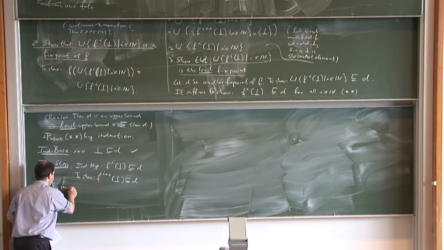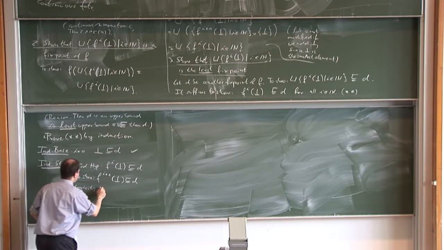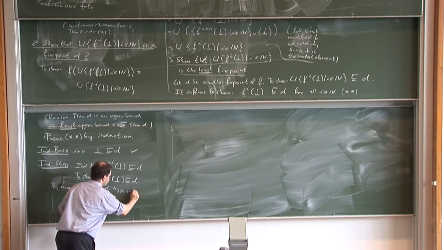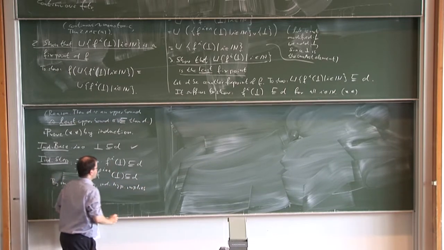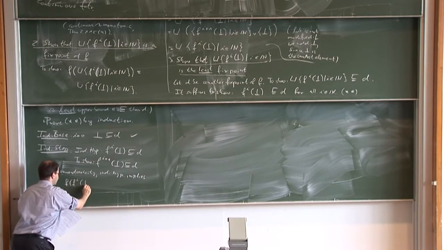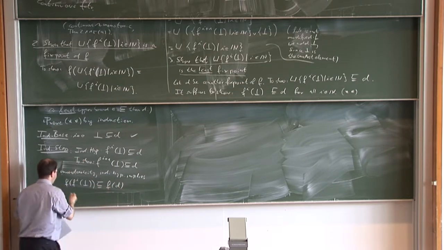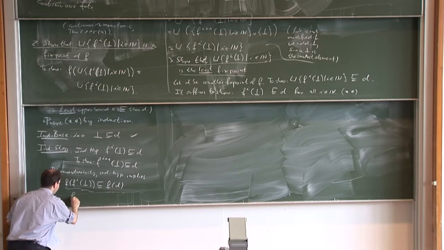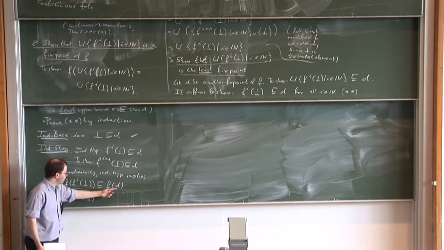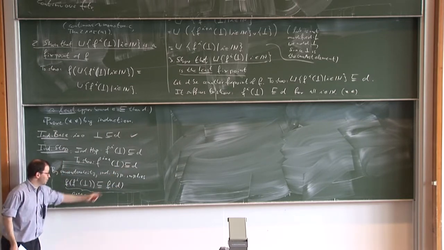So by monotonicity, the induction hypothesis implies: if this is true, it's also true if we apply an f on both sides. And now this here means we apply f I plus 1 times to bottom. And now here we have f of D. What we want is D. How do we get from f of D to D?